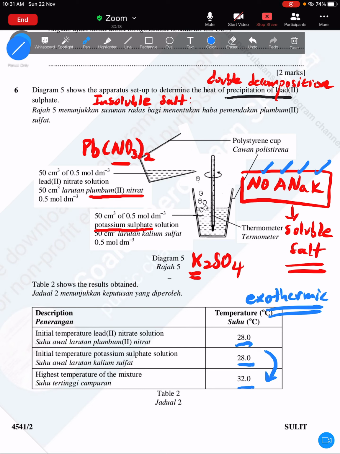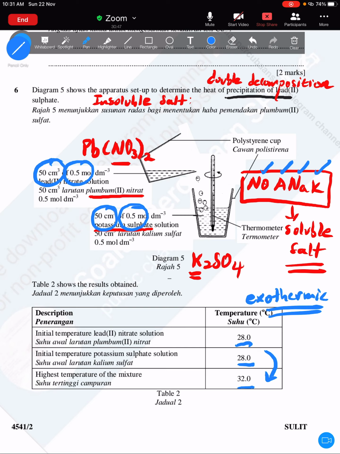A certain clue that you might focus on as well is the volume and the concentration. You are lucky enough, the volume and the concentration for both cases are the same. Therefore, what does this stand for? The moles are going to be the same. So you don't need to worry about which one to take in the calculation.